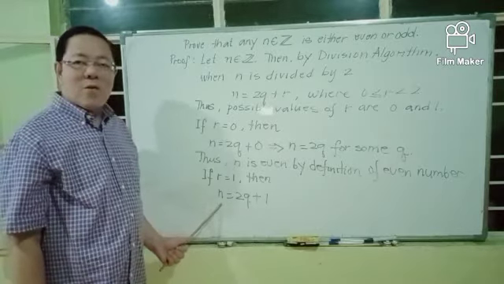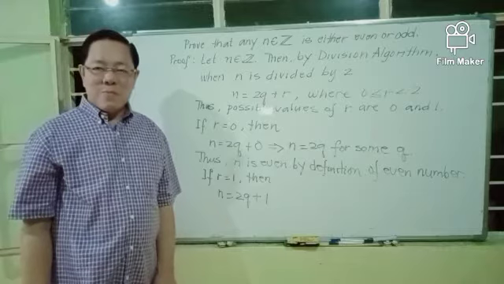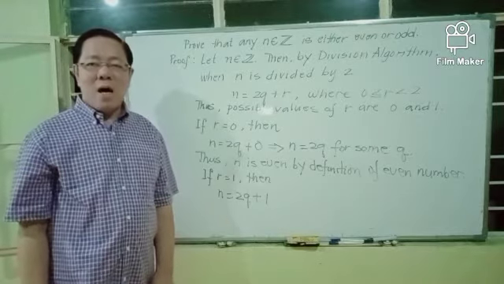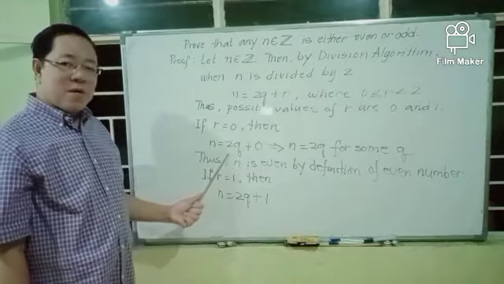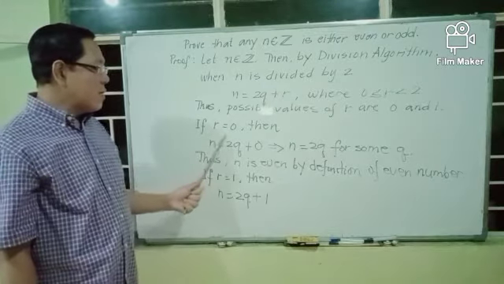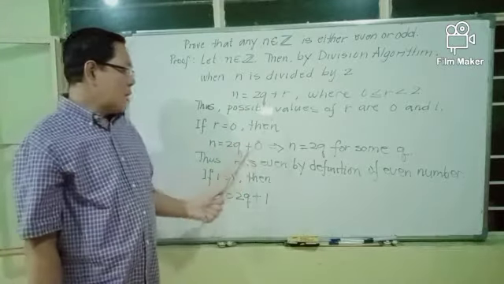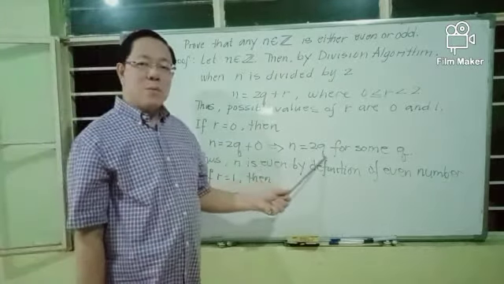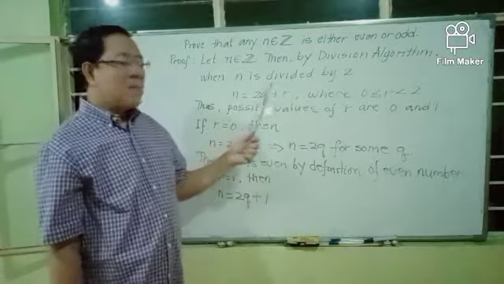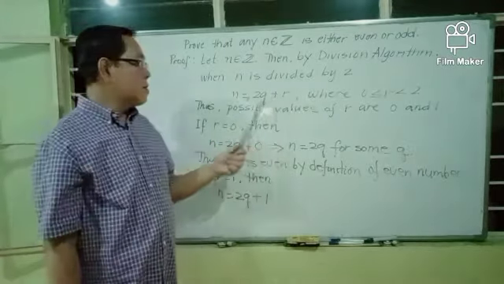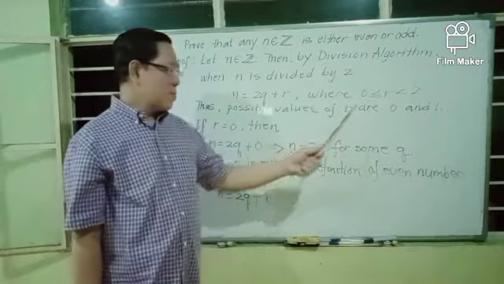By definition of odd number, or specifically by definition of odd integer. The same as in the first part of the proof, if the remainder R equals 0, this becomes 2Q plus 0, and 2Q plus 0 is 2Q, and we are sure Q exists because N is divided by 2. There exists Q and R such that this equation is true and this inequality is true.